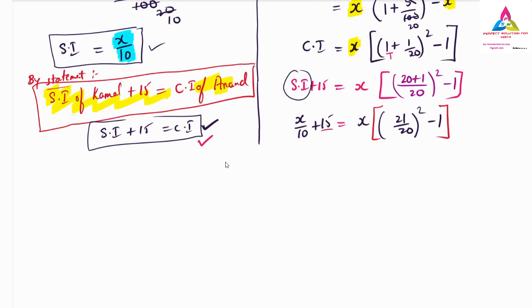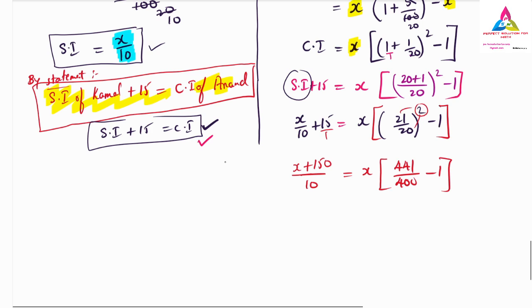Here again we can take the LCM, which is 10, so x will remain here and 10 into 15 is 150. Okay, I think you have no doubt in this. Here we can calculate 21 square is 441 divided by 20 square is 400, because I have to take the square for both, minus 1.